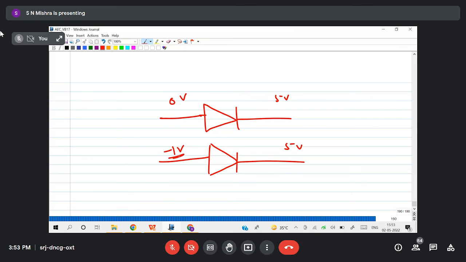Here -1 is connected, here 0 is connected. So more negative, less negative: this will be more reverse biased and this will be less reverse biased, or not?